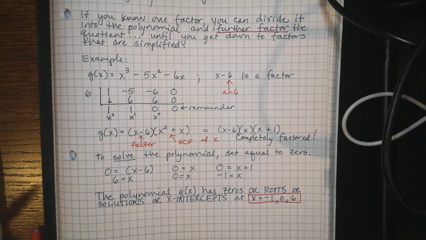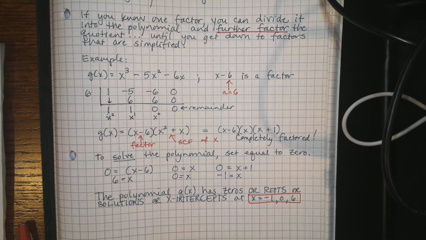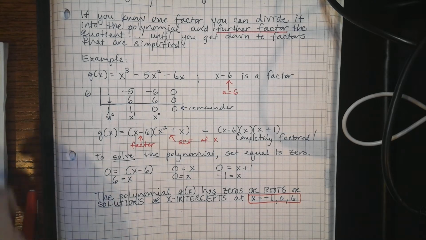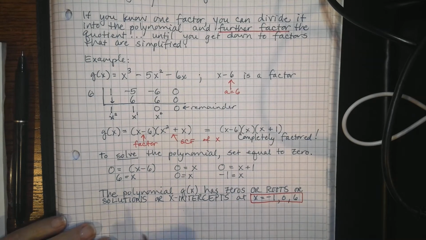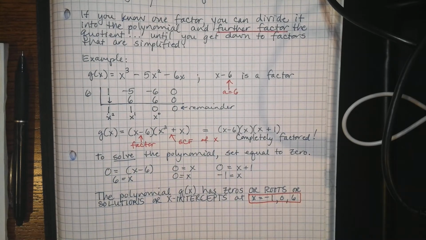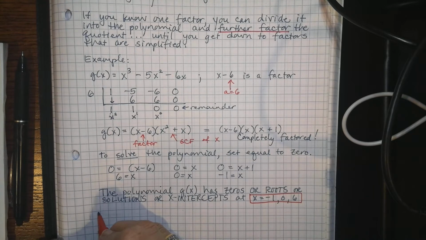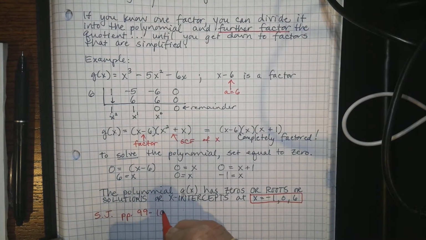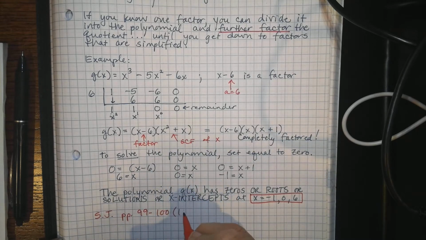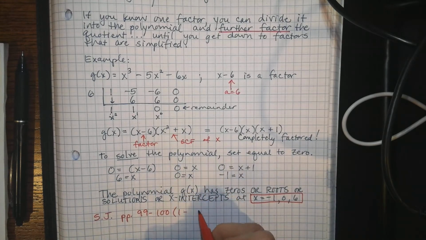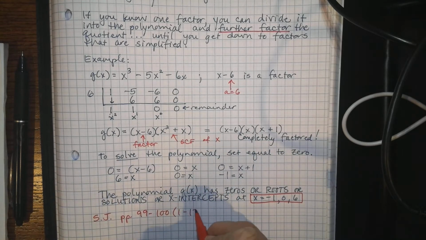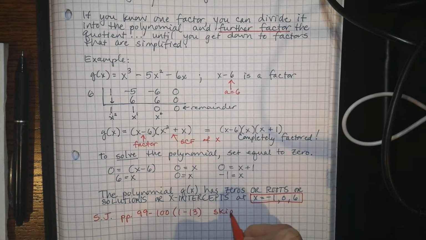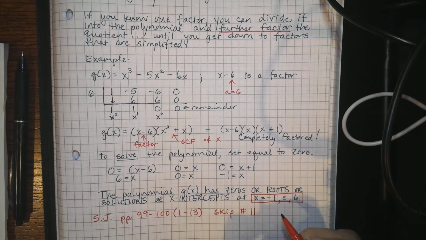Now there is a slight bit more in 4.5 that I want to review with you as well. If you're following along in your student journal, your assignment is going to be pages 99 to 100. It's 1 through 13, I believe, but I'm going to have you skip number 11.